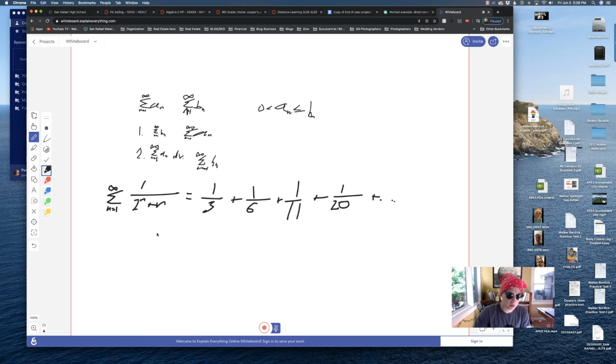Now, we can see obviously here that 2 to the n will grow much faster than this n term. So we can compare it to simply 1 over 2 to the n. This is where the direct comparison comes in.